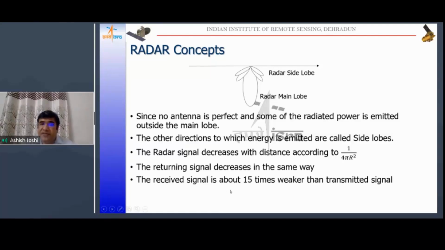So the received signal is about 15 times weaker than the transmitted signal. So this is the summary of the radar concept.